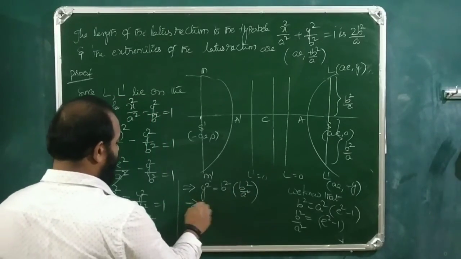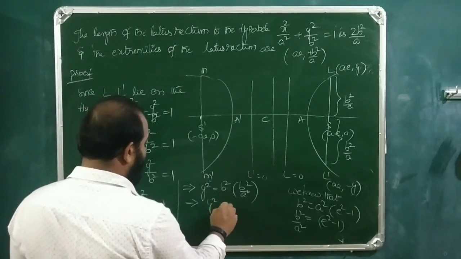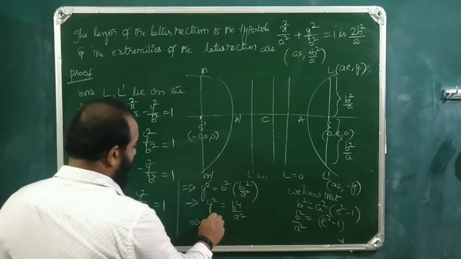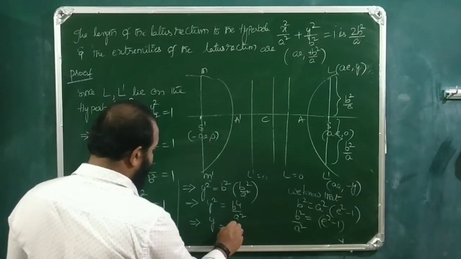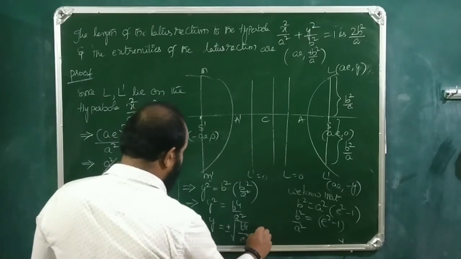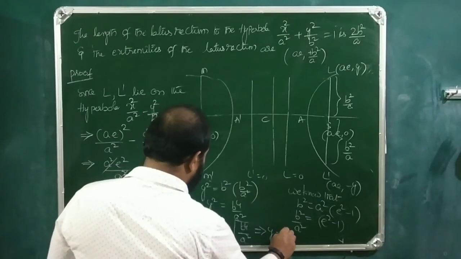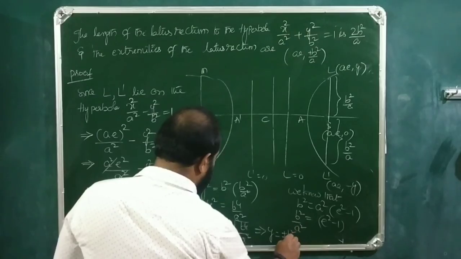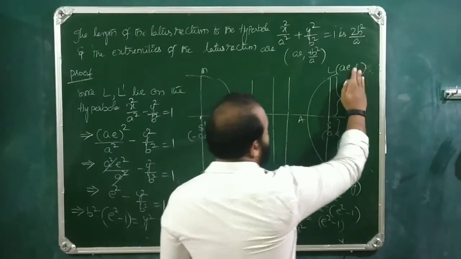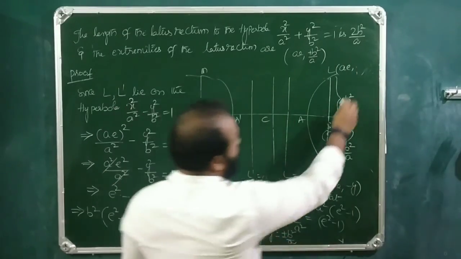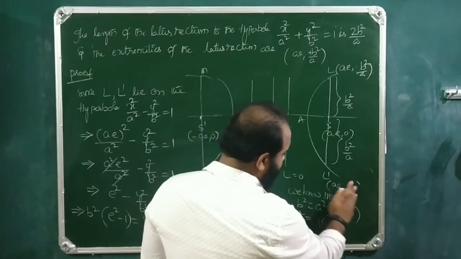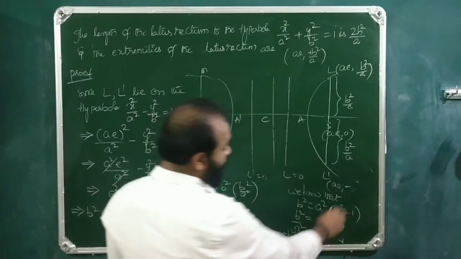So this is equals to y square is equals to b power 4 by a square. So y is equals to plus or minus square root of b power 4 by a square. Therefore, y is equals to plus or minus b square by a. So here y is plus b square by a, and here y is minus b square by a.